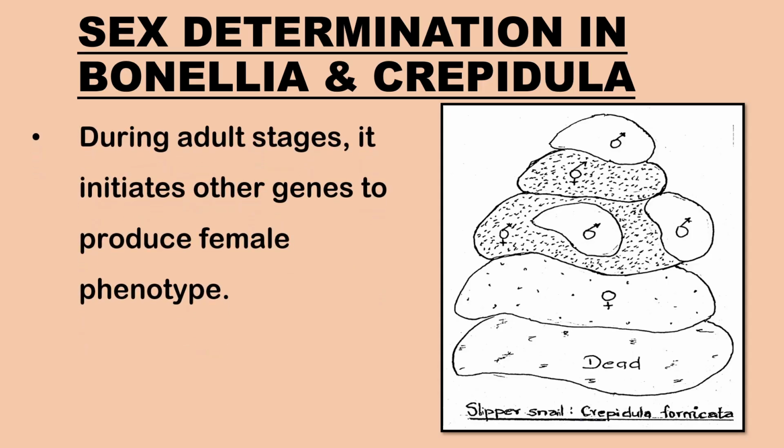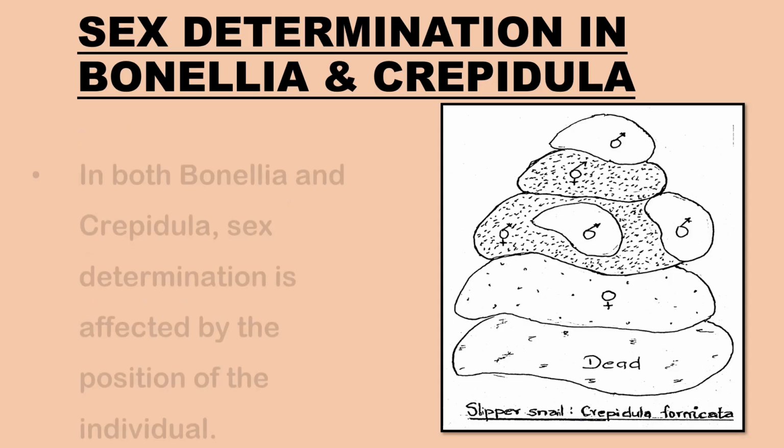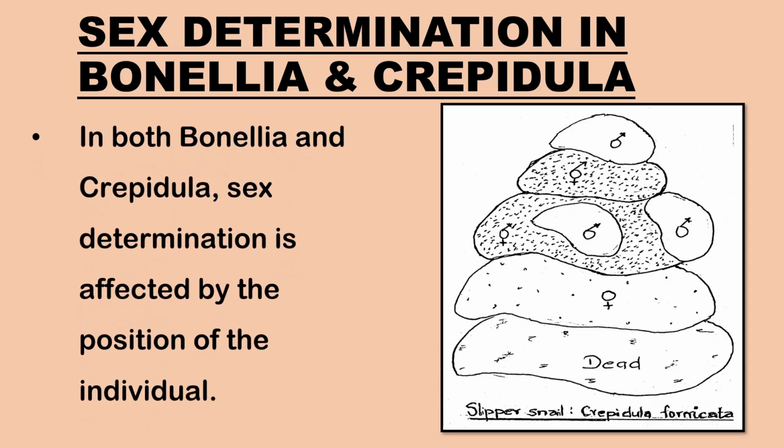During adult stages, it initiates other genes to produce the female phenotype. In both Bonellia and Crepidula, sex determination is affected by the position of the individual with regard to other individuals of the same size. So today, we have learnt in detail about sex determination in humans, Drosophila, reptiles, Bonellia, and Crepidula.